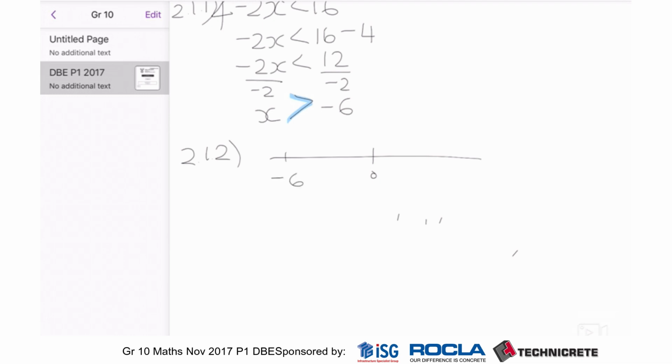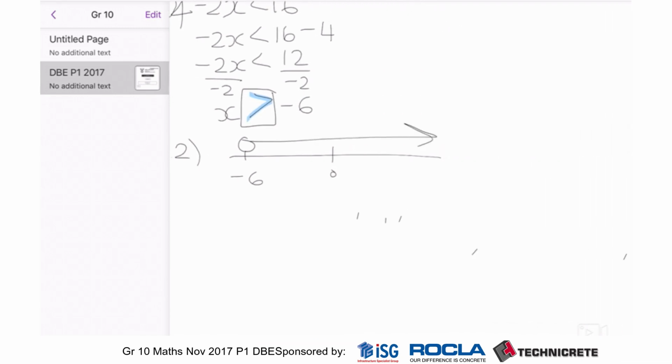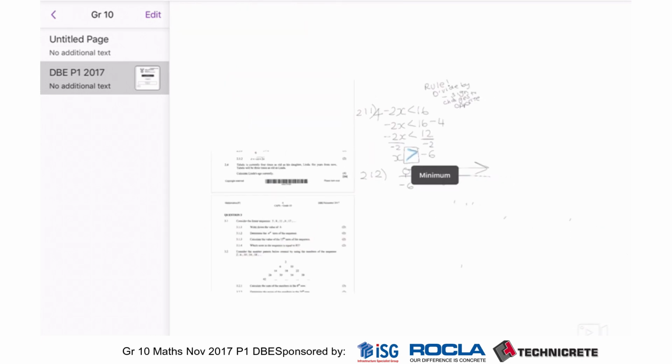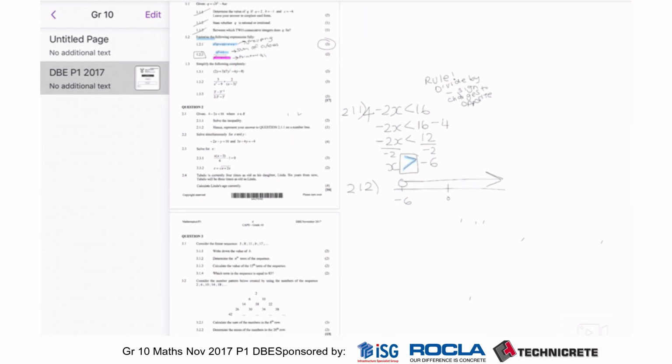And we're saying that x is, so we know now that it's just a normal greater than, so it's an open circle. And they're saying that x is greater, so greater is going, it's getting bigger, so the arrow is going to go in that direction. Okay, the next question says solve simultaneously for x and y.